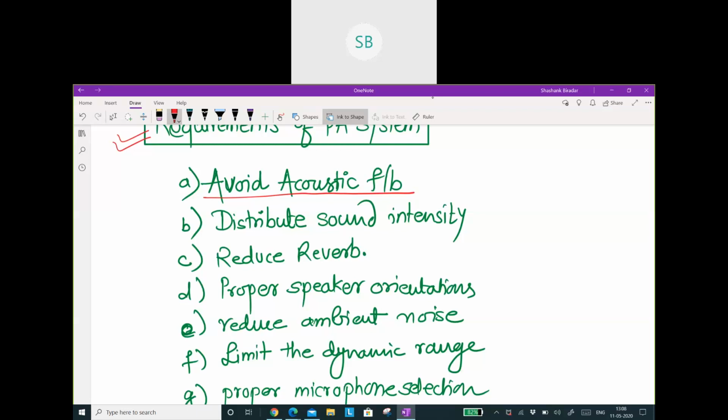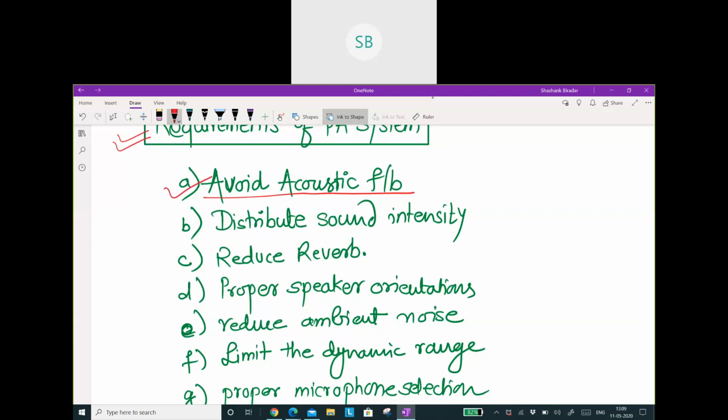This is necessary to avoid the loud howling sound resulting from such feedback. What will happen? The sound will not be proper when whatever you are speaking into the microphone comes back to the speaker. That is a mess, so we need to avoid such things. Clear? So the first thing is to avoid acoustic feedback.